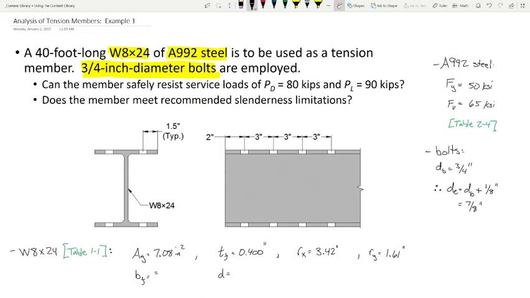Okay, what is the flange width? 6.5 inches. And the depth. 7.93. Okay.